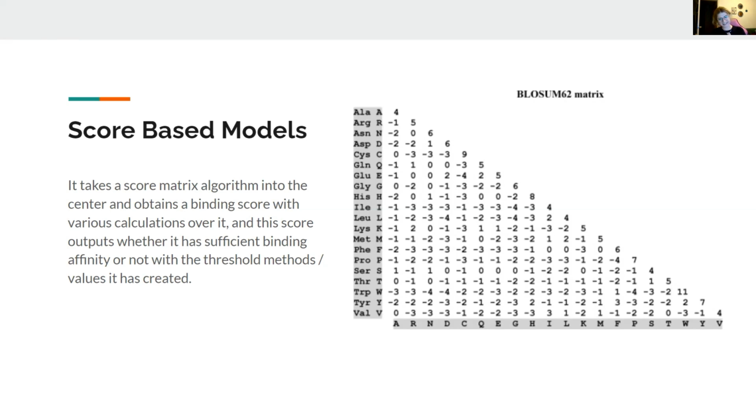SYFPEITHI is the first accepted tool to calculate binding affinity. It can use the BLOSUM matrix. The BLOSUM matrix has different kinds, and the PSSM matrix is one of the matrices that is acceptable for this kind of model. This matrix is also used for machine learning methods, but machine learning methods work a little bit differently.